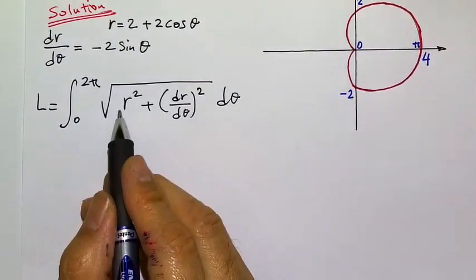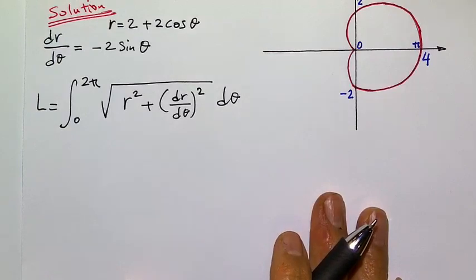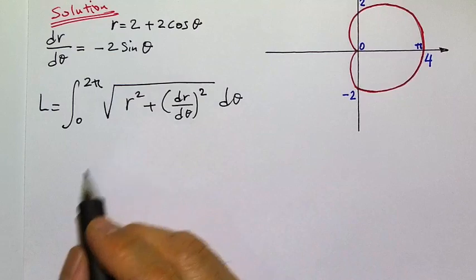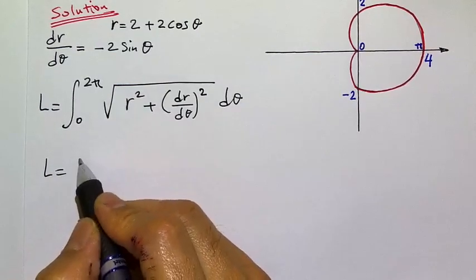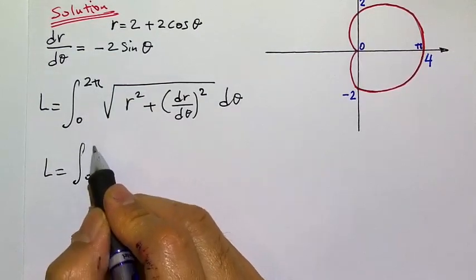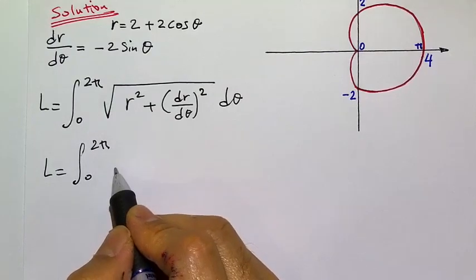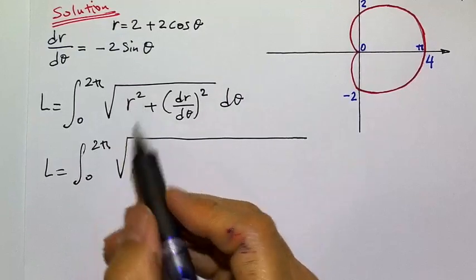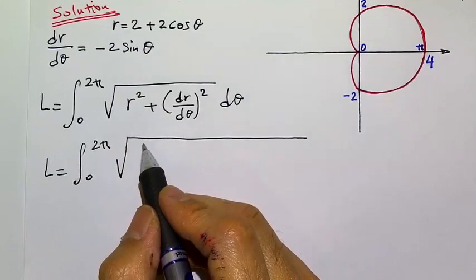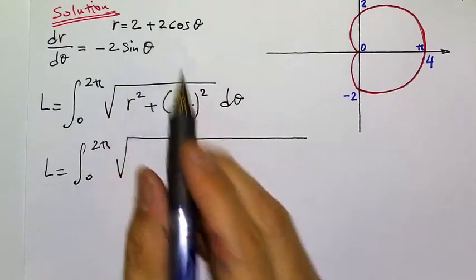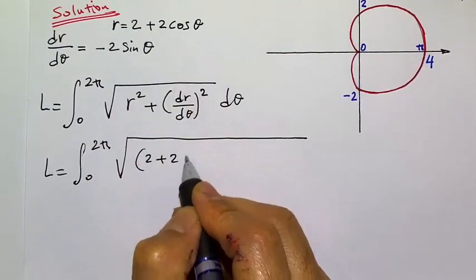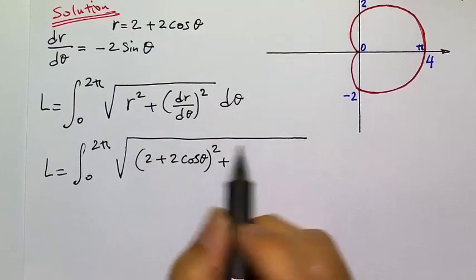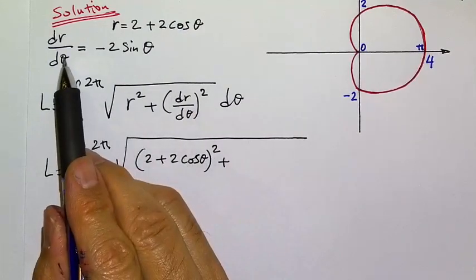Okay. Then let's plug in for each piece. And so we have the curve length equals integral from 0 to 2 pi, square root of r squared, which would be simply 2 plus 2 cosine of theta squared, plus dr d theta, right?